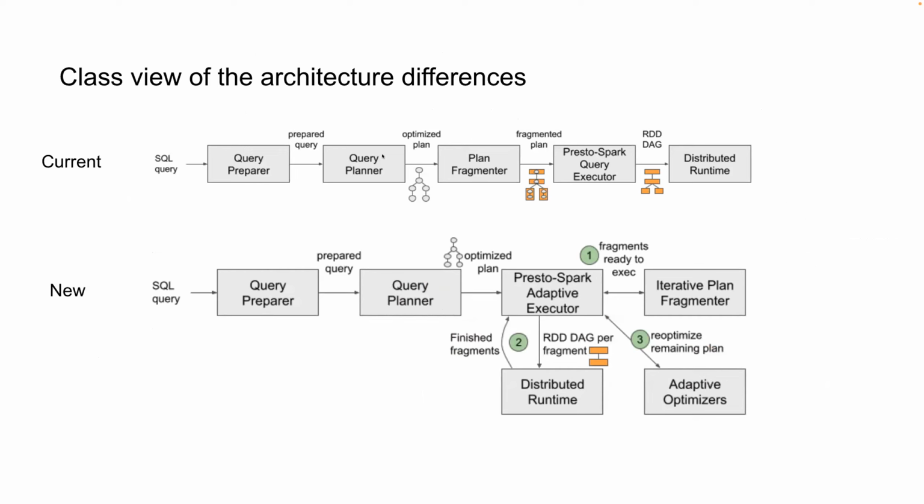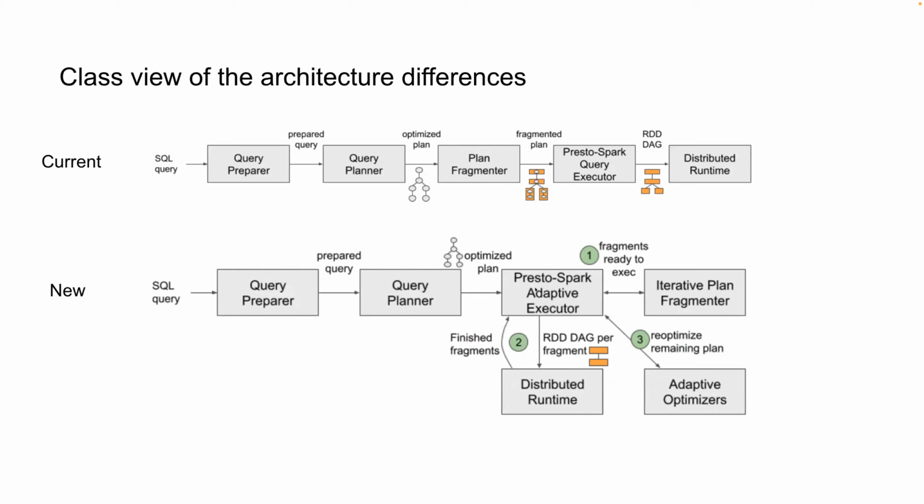So you create the query plan, you pass it to the plan fragmenter. Then there's a class called the Presto Spark Query Executor, and then it gets sent to the distributed runtime. And here we have create the query plan. We have this Presto Spark Adaptive Executor, which handles all of the replanning.